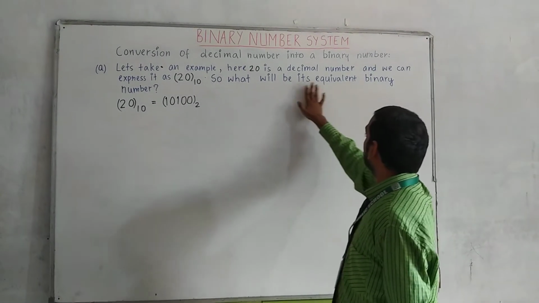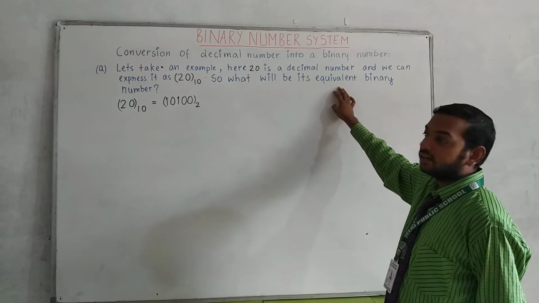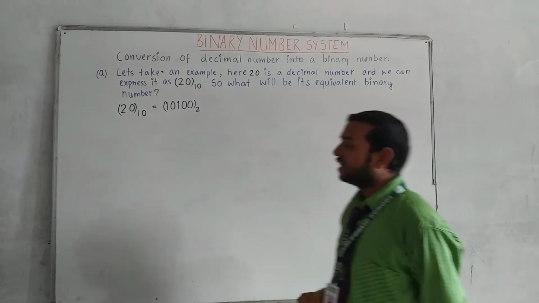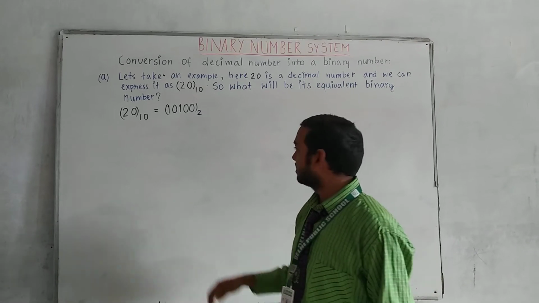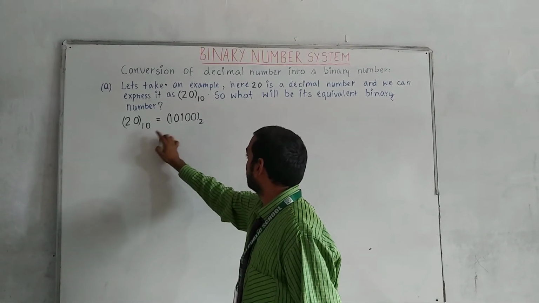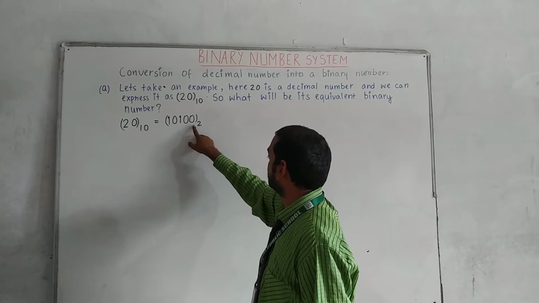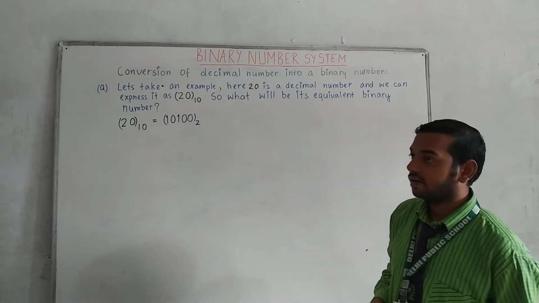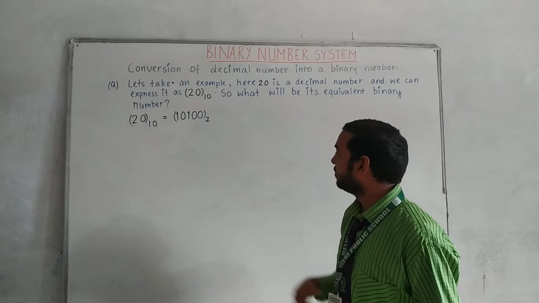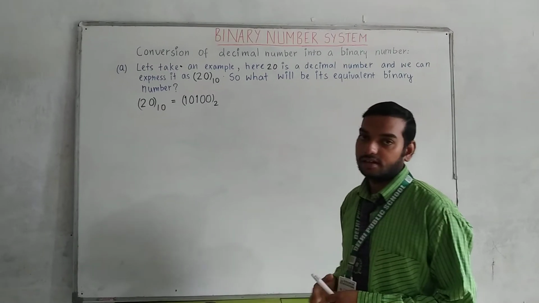So what will be its equivalent binary number? As I have already mentioned, the equivalent binary number for 20 will be 10100. So let us see how we will get this result.